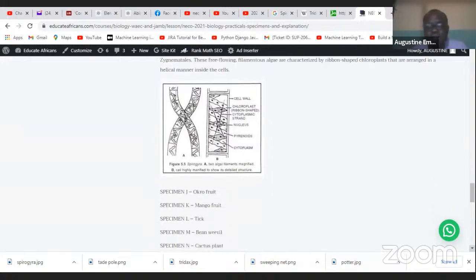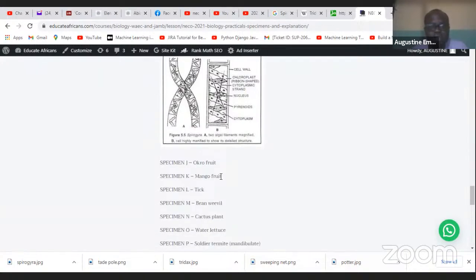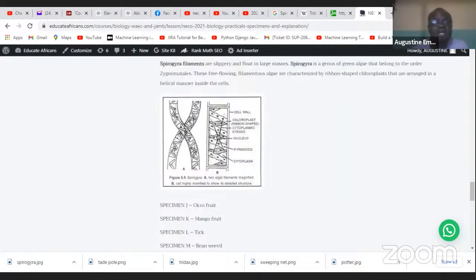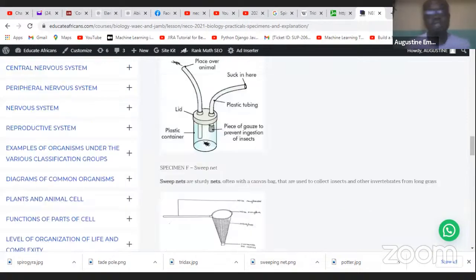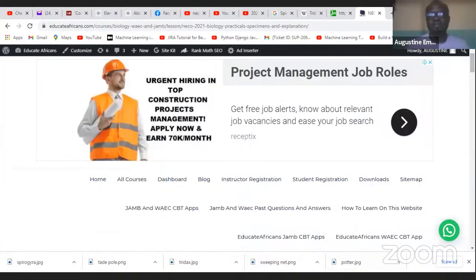Then you have other specimens like specimen J, okra fruit, K, mango fruit, cactus plant, M, bean weevil, water lettuce, peas, soldier termite. In subsequent classes, we're going to lay out all these other specimens and explain to you how likely you are to see them in your exam. So take note of these.